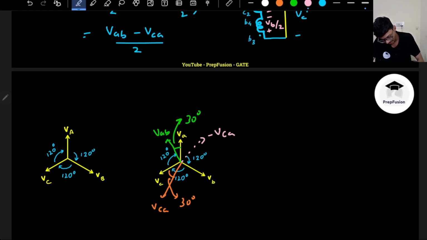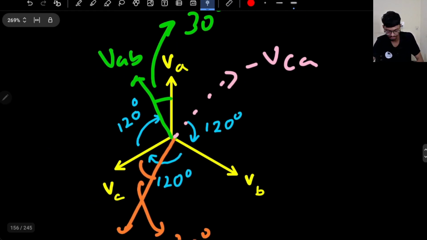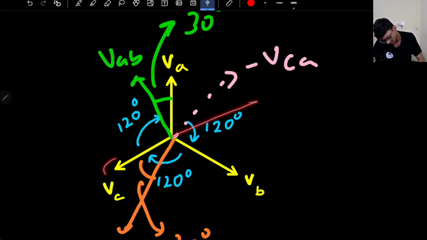Correct. So what will be the angle? So this whole angle is 180. This angle is 30. Okay. How do I know this angle? How do I find this angle out? If I write minus of VC here, this will be minus of VC.